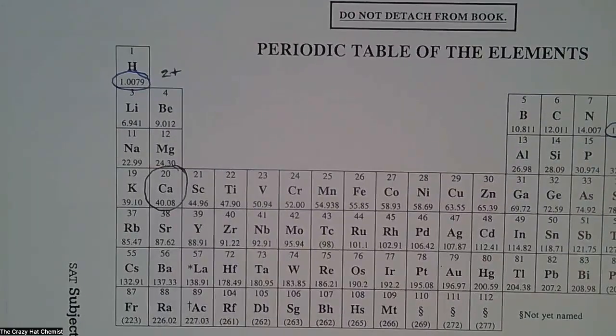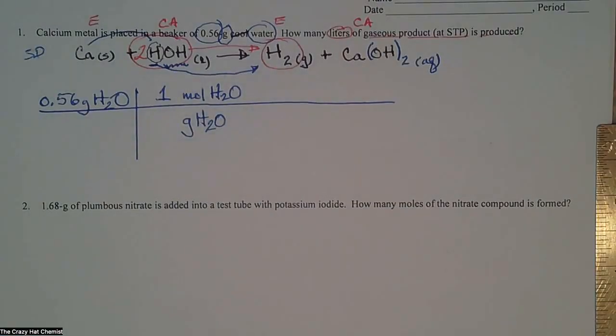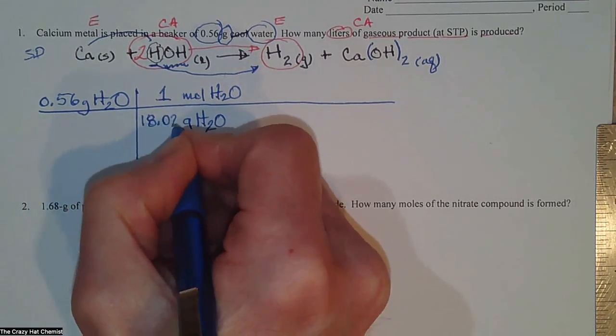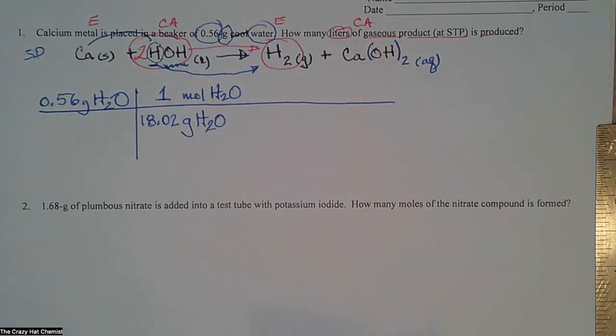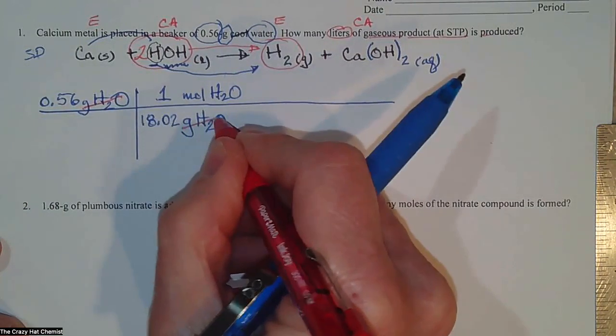Hydrogen has 4 decimal places. Oxygen has 2. So my rounded answer for my molar mass for water will have 2 decimal places, and that's 18.02 grams.